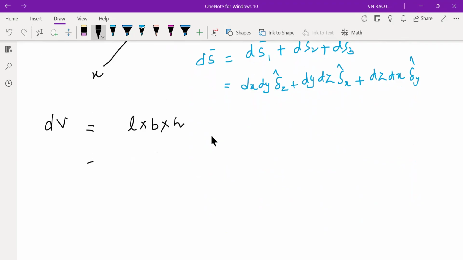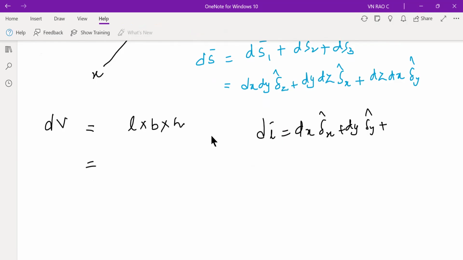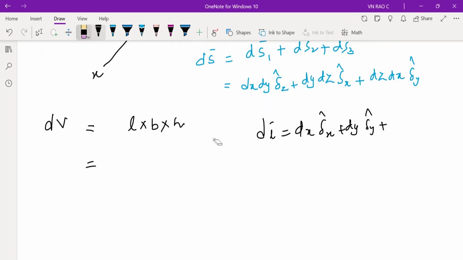So we have the differential length dx delta x plus dy delta y plus dz delta z, and in this we just multiply these three: dx into dy into dz.